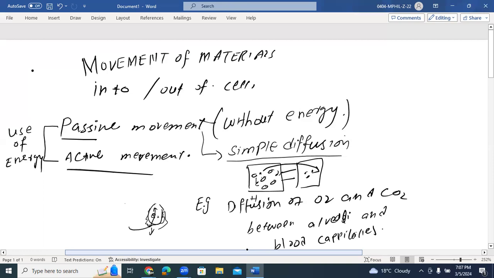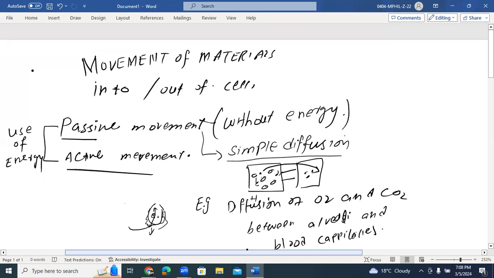This movement of oxygen into the body and carbon dioxide out of the body as a whole is because of simple diffusion, and it also takes place at the cellular level with the same mechanism of simple diffusion. Are you getting this point? So the rate of diffusion depends upon certain factors, and we should know what factors are responsible for this. What do you think?